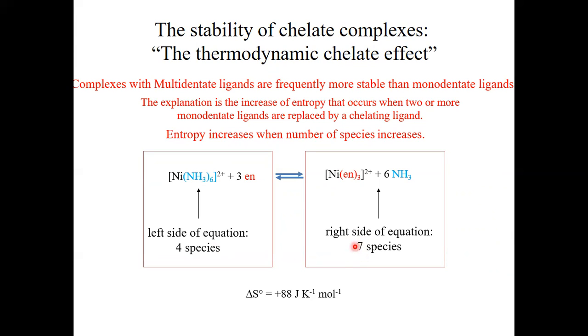And 7 species just have more degrees of freedom, and therefore on the right-hand side we have a higher entropy in comparison to the left-hand side. So the exact entropy gain is actually 88 joules per Kelvin. And this entropy gain explains the high thermodynamic stability of the chelate complex.